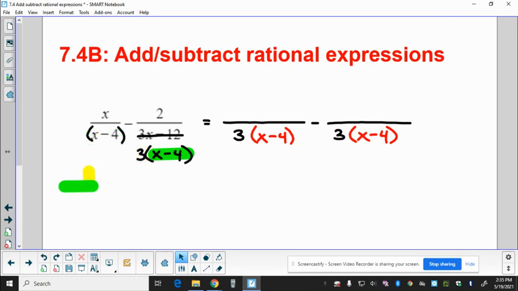So let's go ahead and get some of these highlights out of here. Let's take a look at our numerators. I can see I've got an x and a 2. So we will keep those intact. Let's take a look at our denominators. So my first denominator is x minus 4. Let me compare that to this denominator.